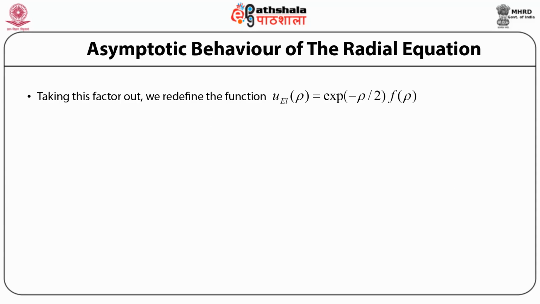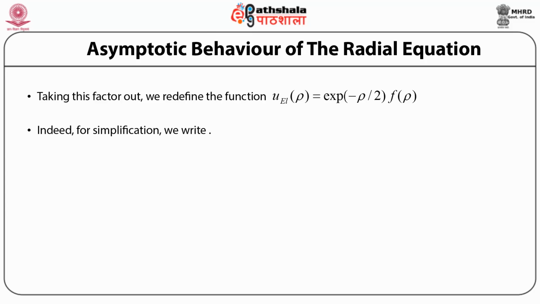Taking this factor out, we redefine the function U_EL as a function of rho equal to exponential of minus rho by 2 multiplied by f(rho).